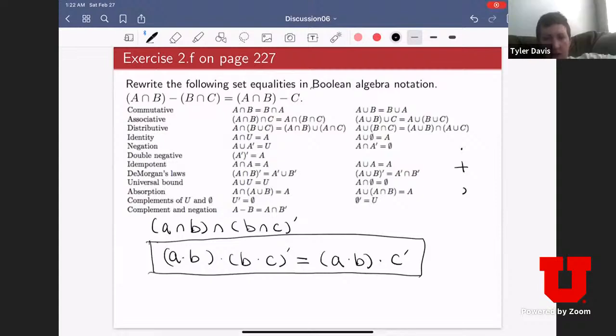I thought that intersect was plus, but it's multiply. Yeah, it's a dot. The plus is the union. All right, any other questions?